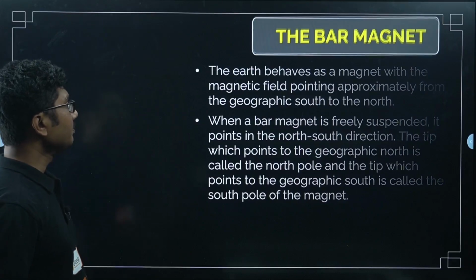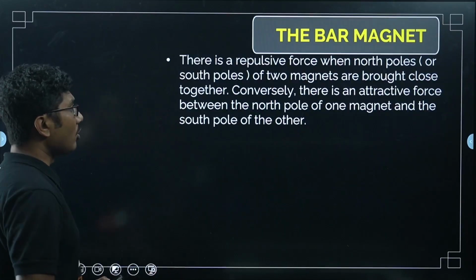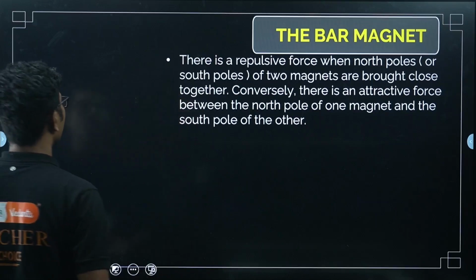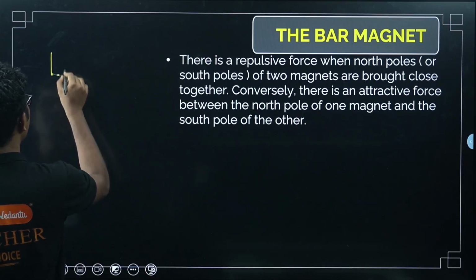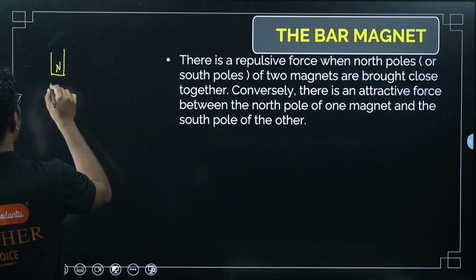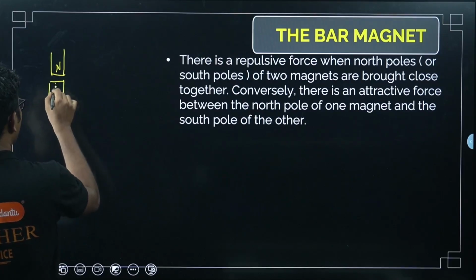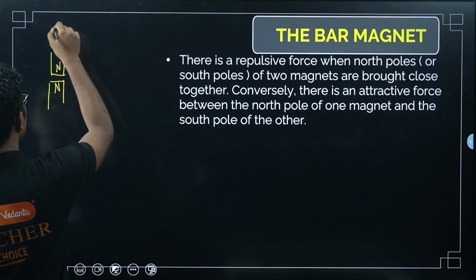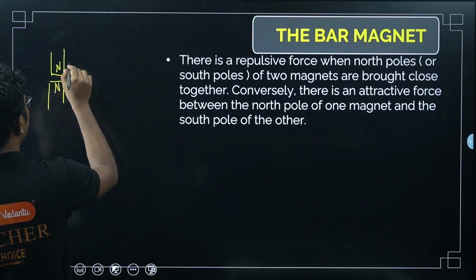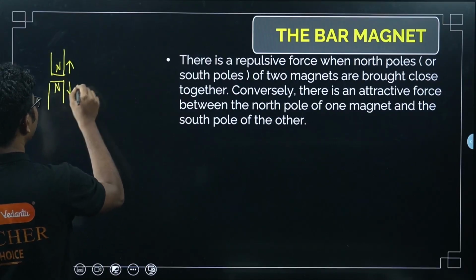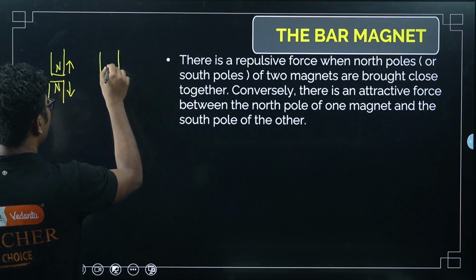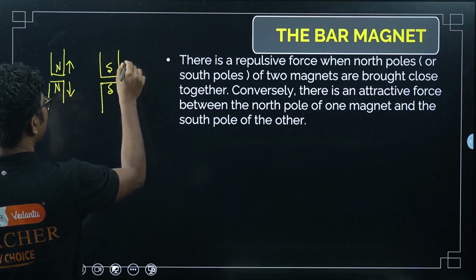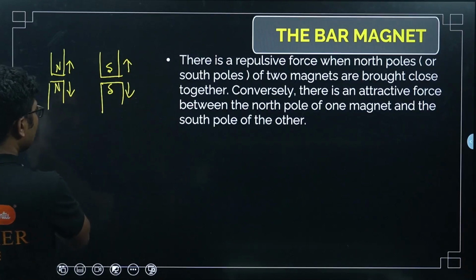Now, next. There is a repulsive force when north poles or south poles of 2 magnets are brought close together. What is the meaning of that? If I bring the north pole of one magnet and the north pole of another magnet together, they will repel each other. Similarly, if I bring the south pole of one magnet and the south pole of another magnet, they will also repel each other. These are easy things to remember.